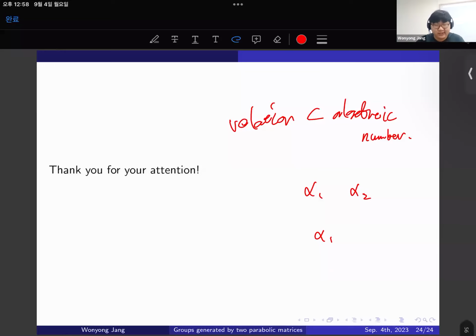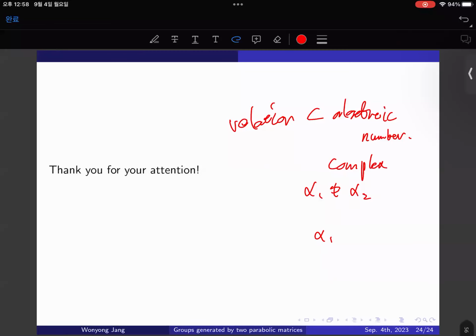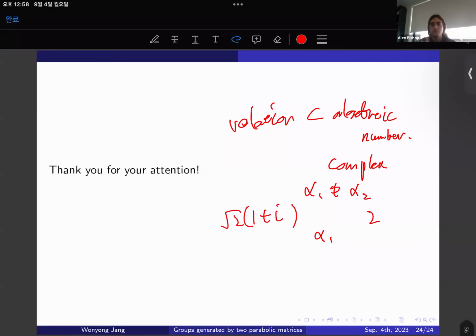Choose two different complex numbers, alpha1 and alpha2, of the same modulus. For example, alpha1 is 1 plus i, and alpha2 is the square root of 2, right? They have the same modulus.